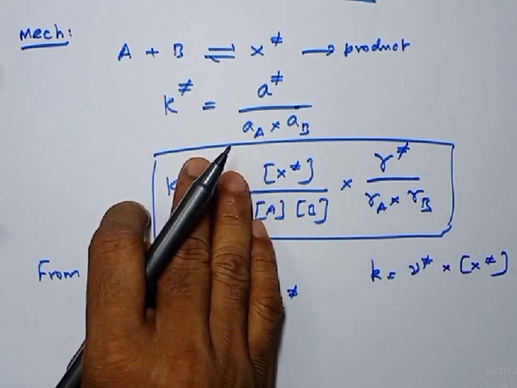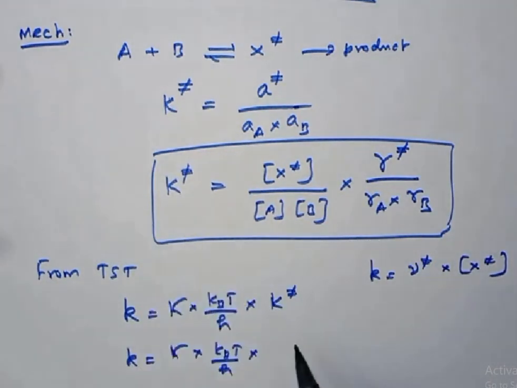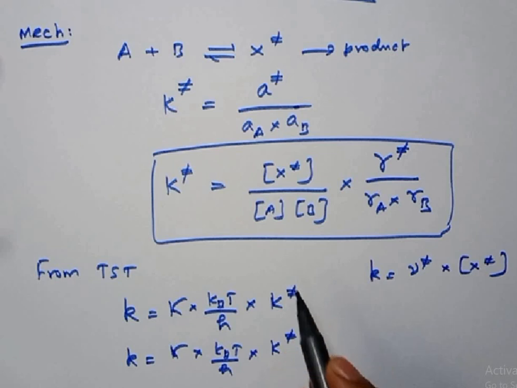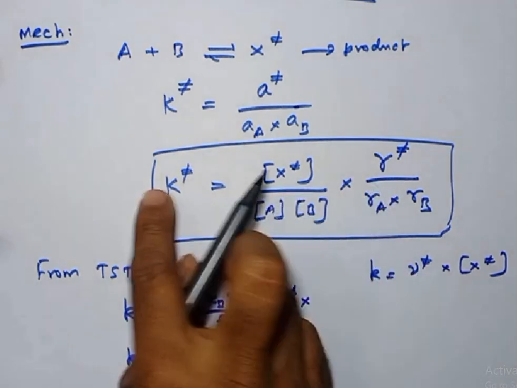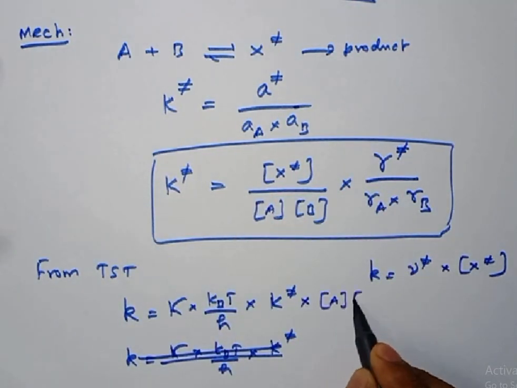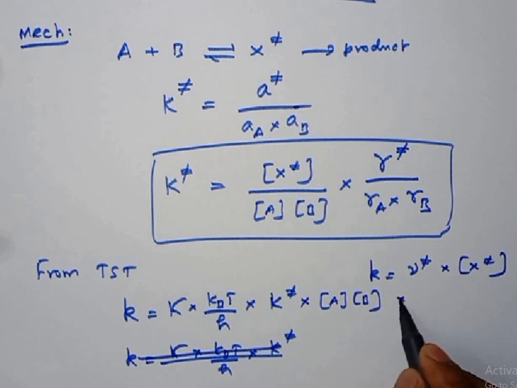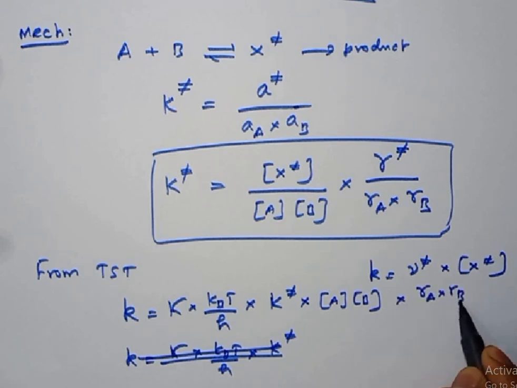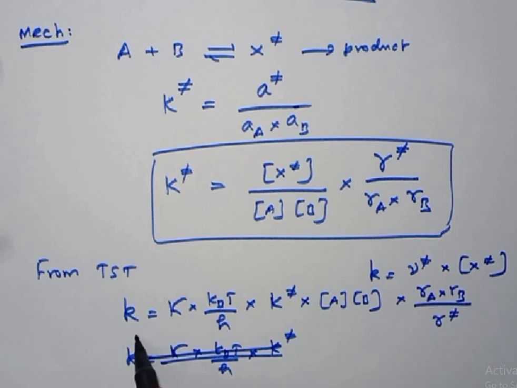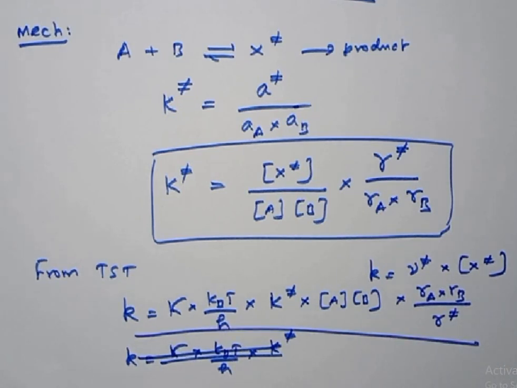You bring all the terms to the left hand side, so you will get K double dagger into concentration of A into concentration of B into gamma of A into gamma of B by gamma of double dagger. Actually I made a mistake here, I should include this. Yes, this is the expression. I'm sorry, this is not the rate constant, this is the rate.